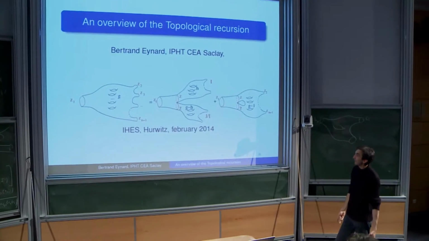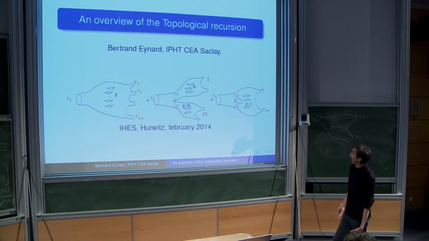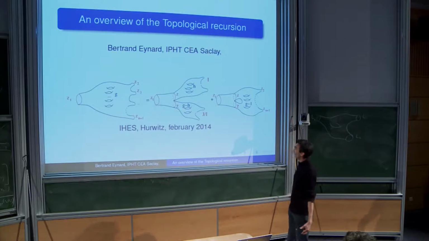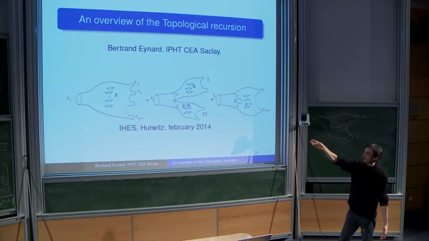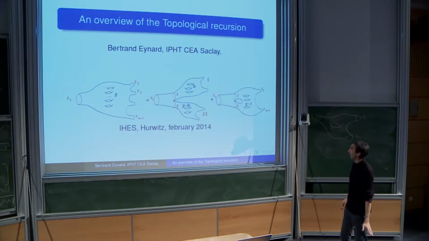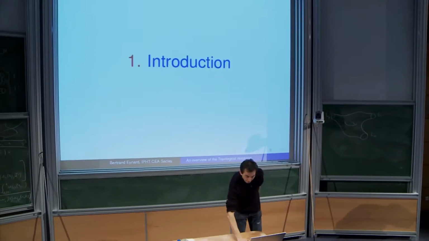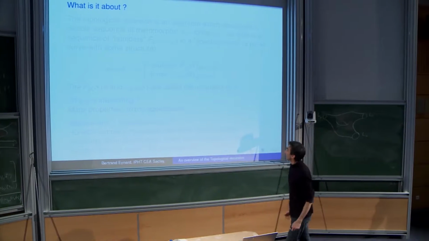I mean, is there really a way of cutting surfaces into pieces which would be natural in all those, I don't know, A model, B model, or categories model, or in any other framework, for which we would have naturally such a decomposition, which would imply the topological recursion? This is unknown. So I will start by introducing what it is about.